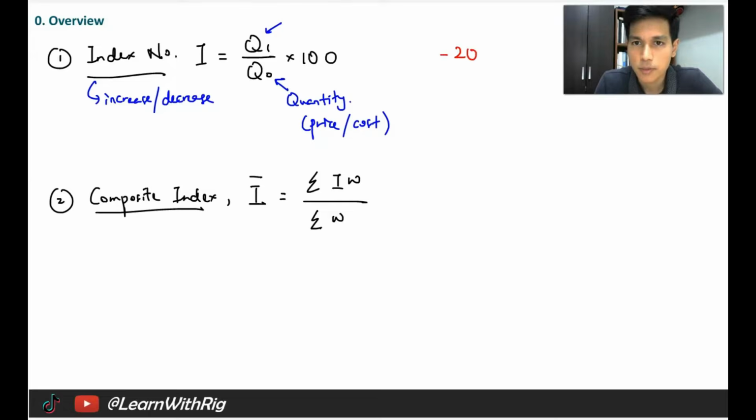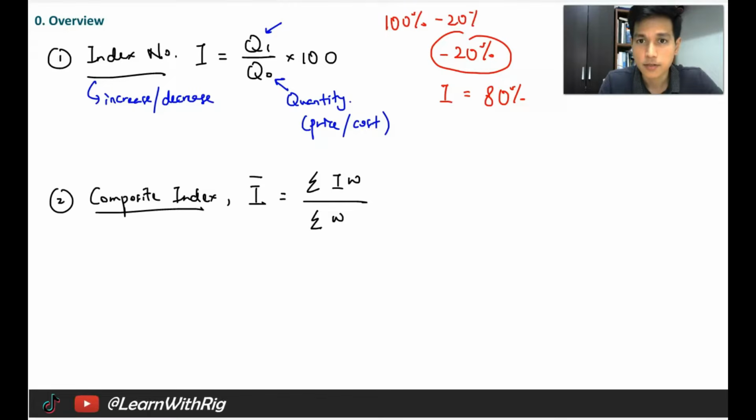The same product, a few years down the road, the price dropped by 20%. So what's the index number? You want to represent this in index form, right? It is equal to 80%. The price has dropped. So that means initially it was 100% and it fell 20%. So now your index number for this product is only 80%.